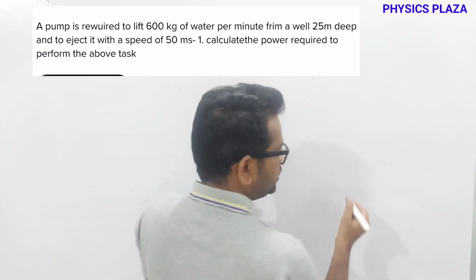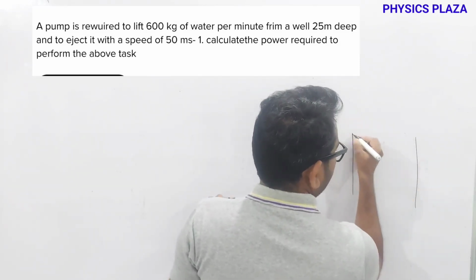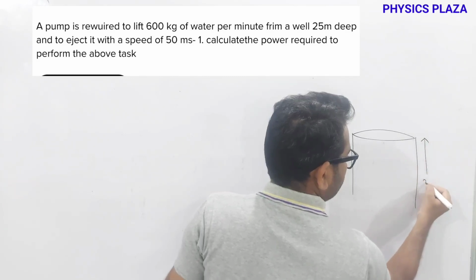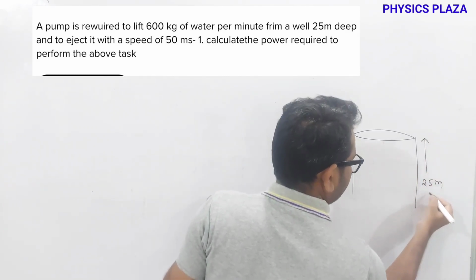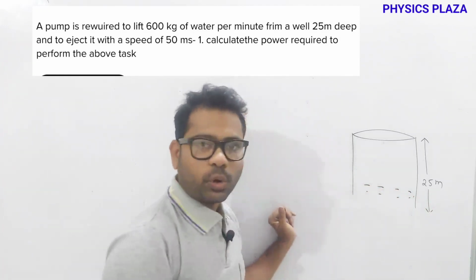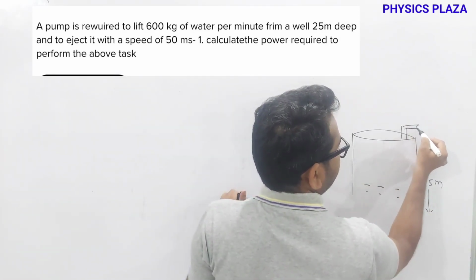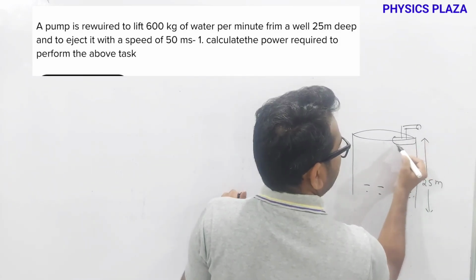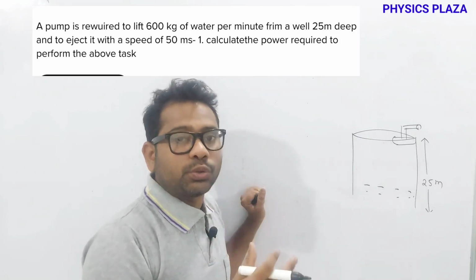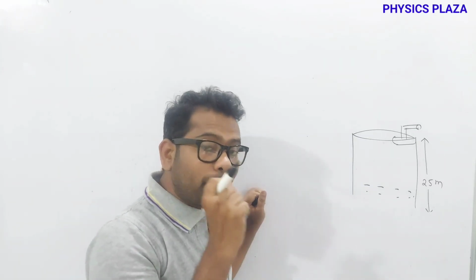So according to the question, let us say it is a well. Let us say here is a well of depth 25 meters. Here water is there, and here is some electric motor. This electric motor has to lift the water, that is, 600 kg of water per minute.